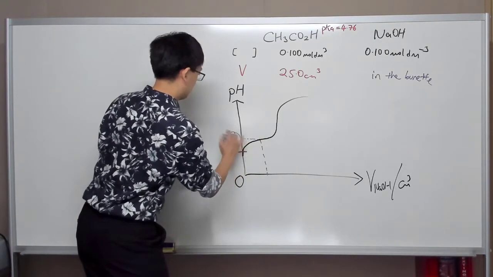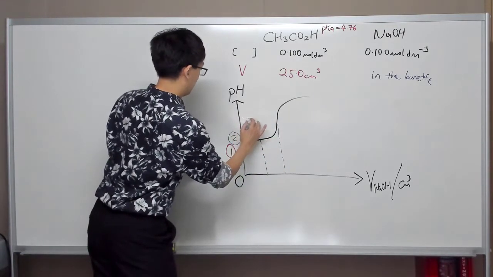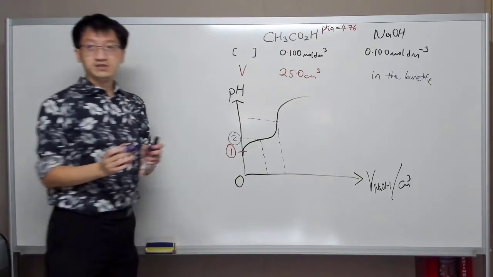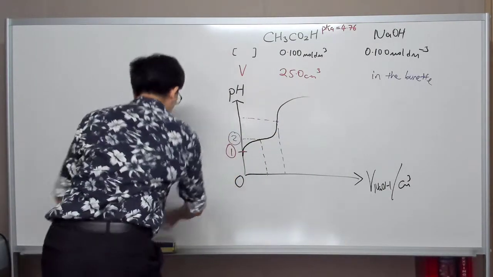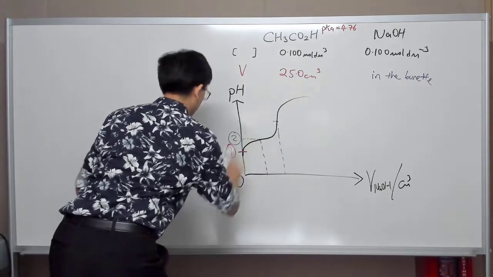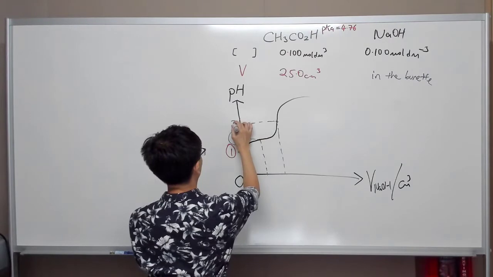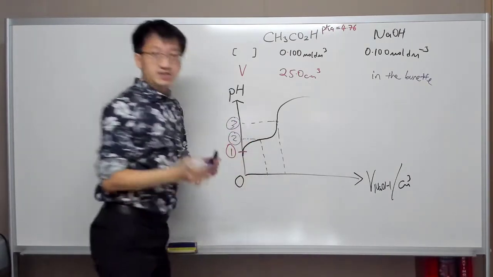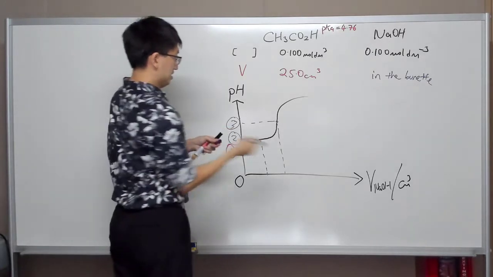I just put it as 2, and then after that you'll be over here. This will be what we call the equivalence point. I know this is not really even. This will be 3. And then after that will be the region in excess, over here.